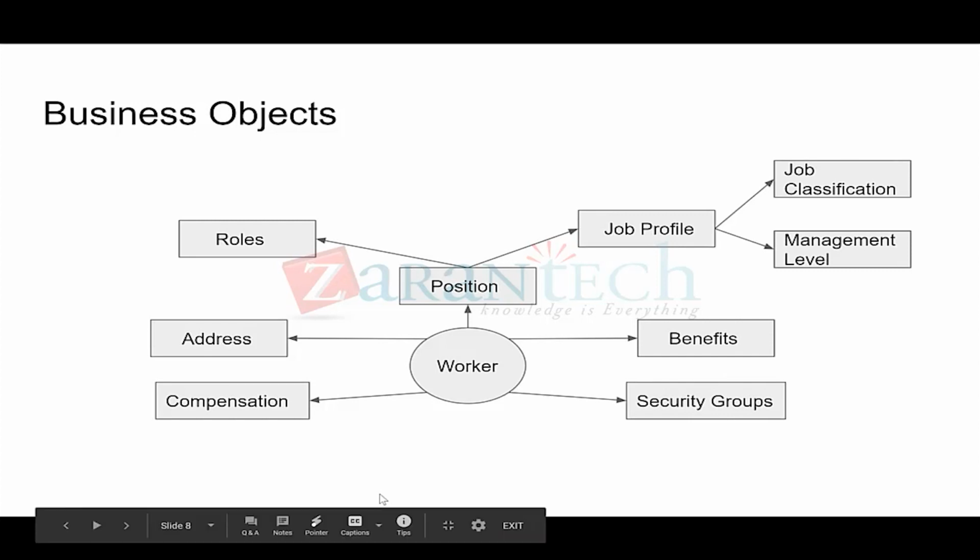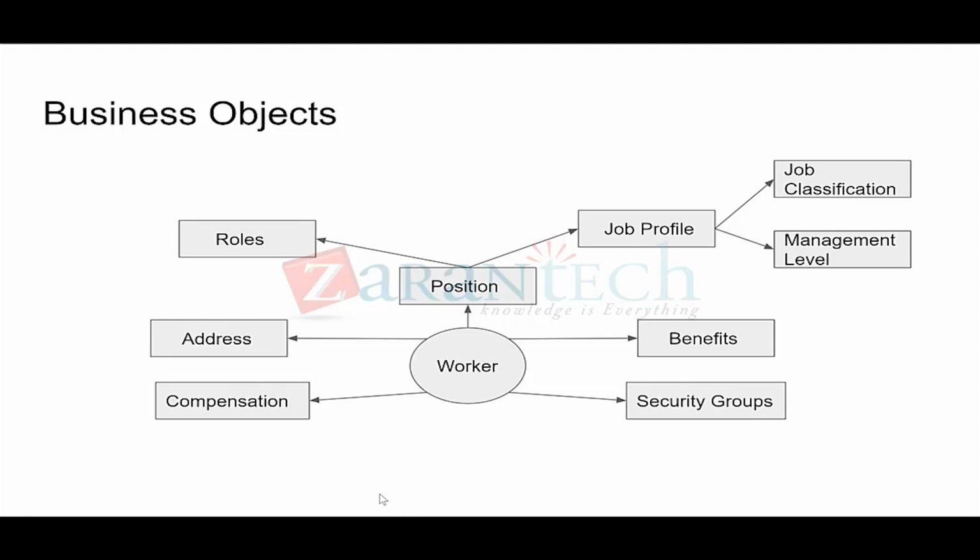Ricky, this is Rosie. I just had a quick question. Does this worker, the primary object, differ based on different tenants? I'm just thinking that sometimes benefits could be primary in a certain... Yes. So it is only in this example that I'm giving you that the worker is a primary object.